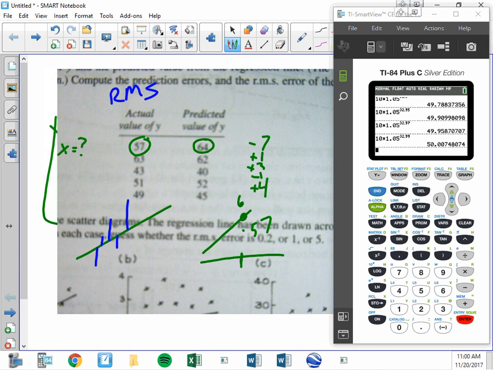The RMS error tells us how we can expect to pick up 68% of the people. So 7 squared plus 1 squared plus 3 squared plus 1 squared plus 4 squared. Divide that by 5, and then take the square root.